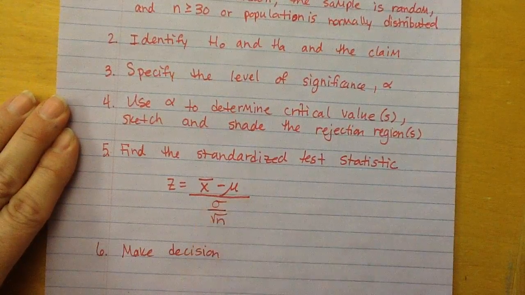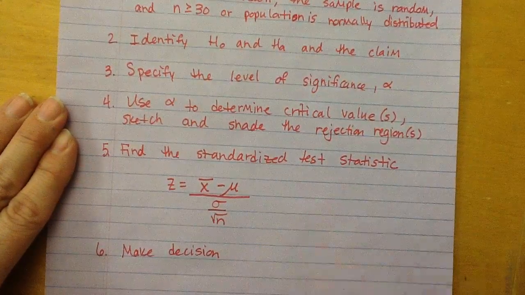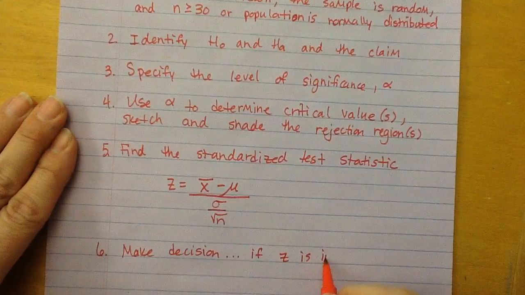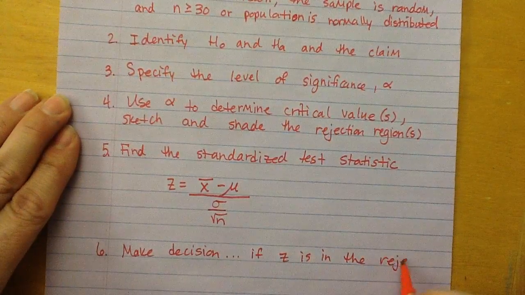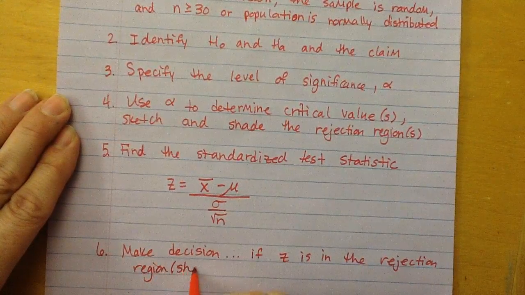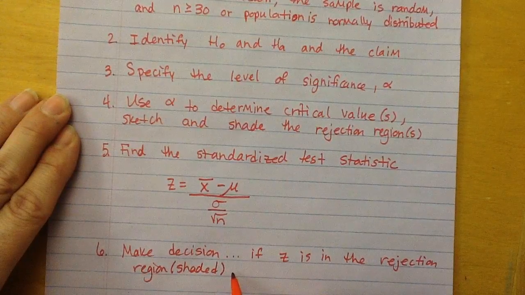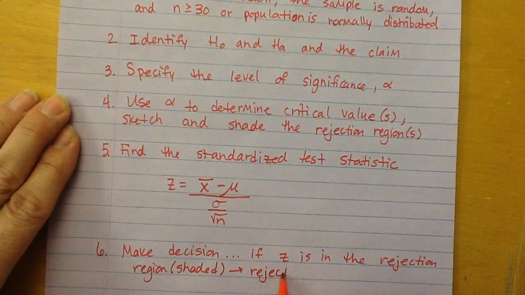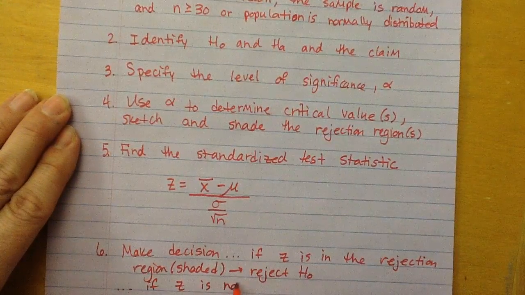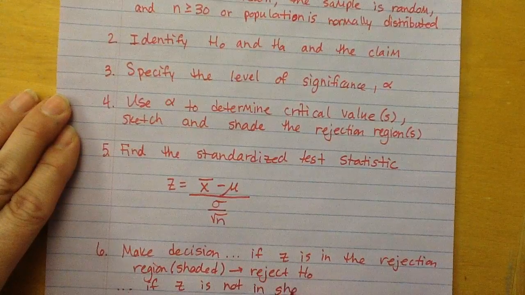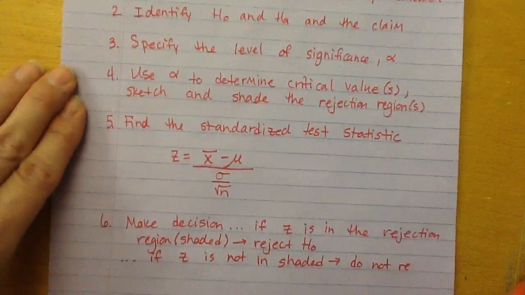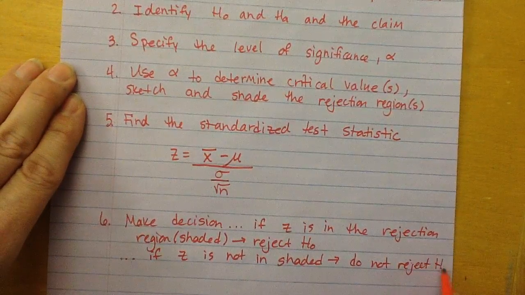So we're going to put that z-score on our rejection region graph, and if z is in the rejection region, which is the shaded region, then we reject H sub 0. If z is not in the shaded region, do not reject H sub 0.